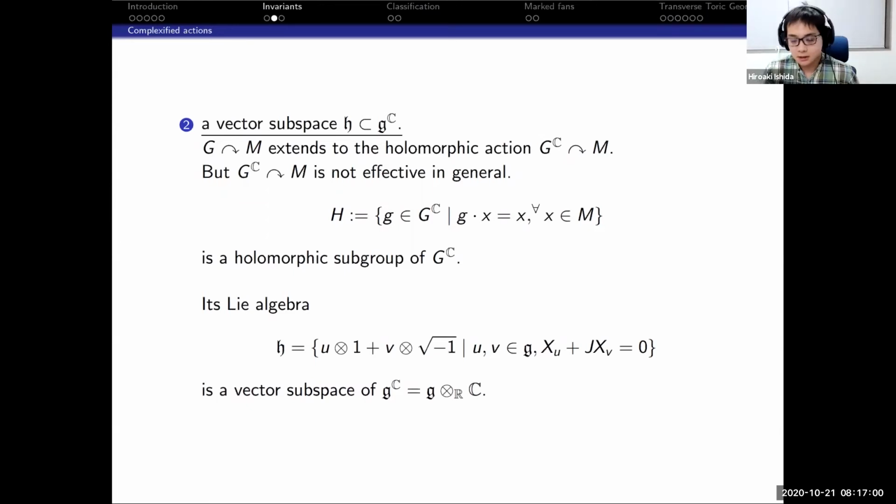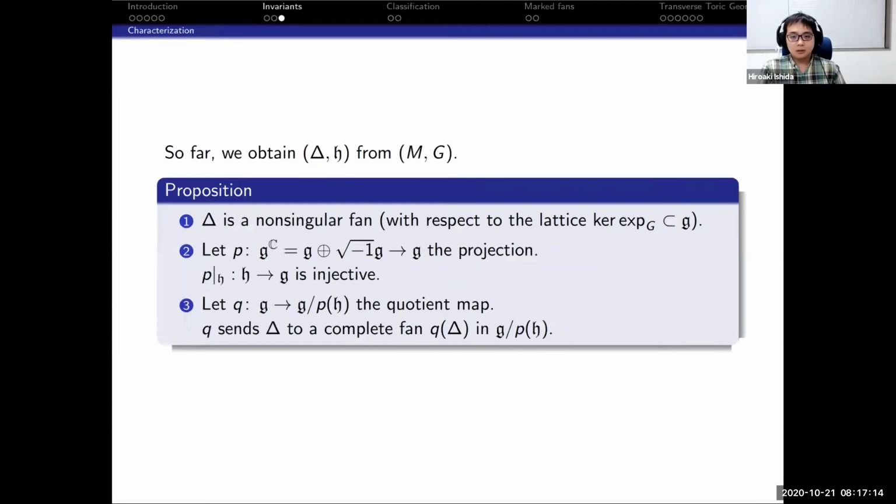So this is a complex vector subspace h. Okay. So far we obtain the pair of a fan and a vector subspace from a manifold with maximal torus action.